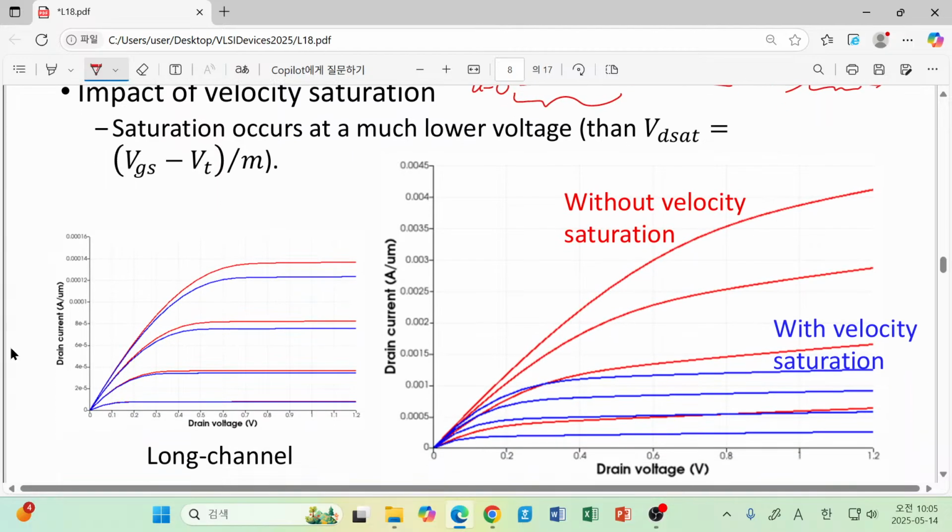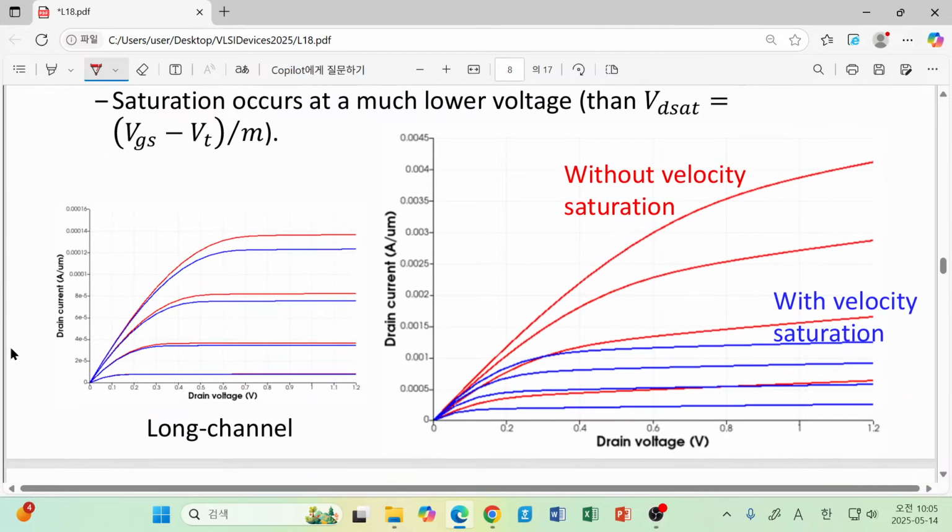So here, currently you have two different devices. One is a long channel device, another one is a short channel device. I don't remember the exact length scale. Maybe it was, I remember, 50 nanometers or something. So now for each device, you have two different curves, of course, the red one and the blue one.